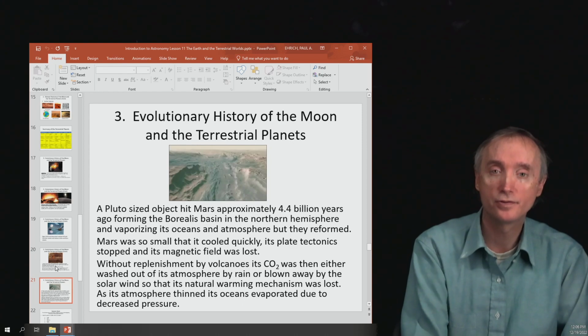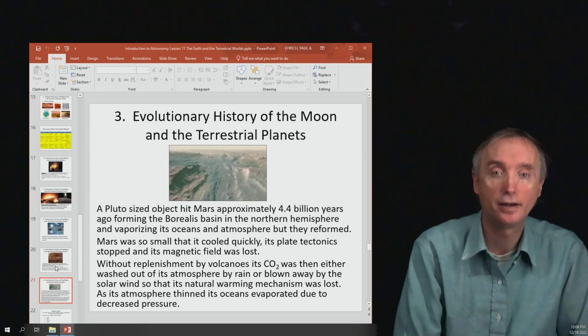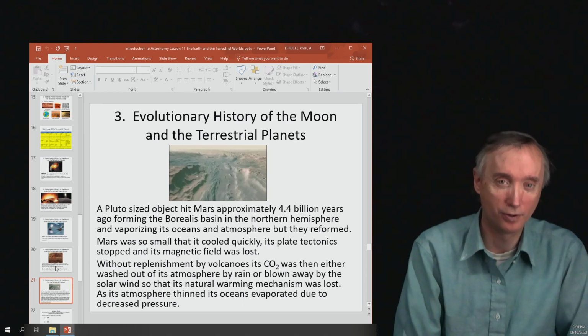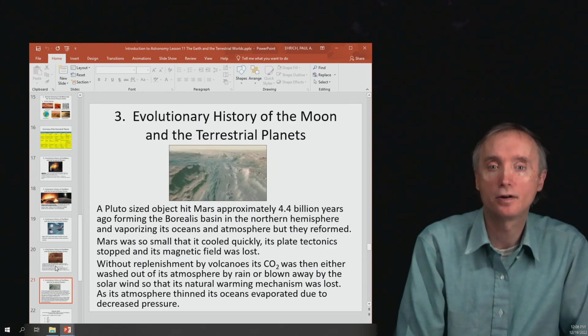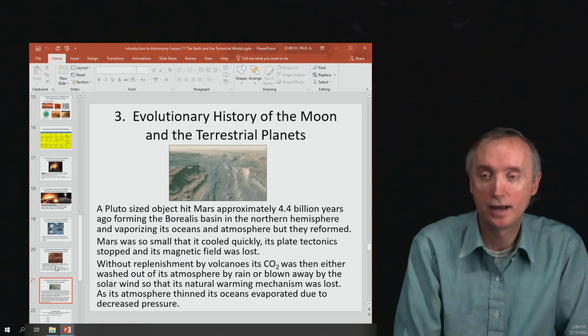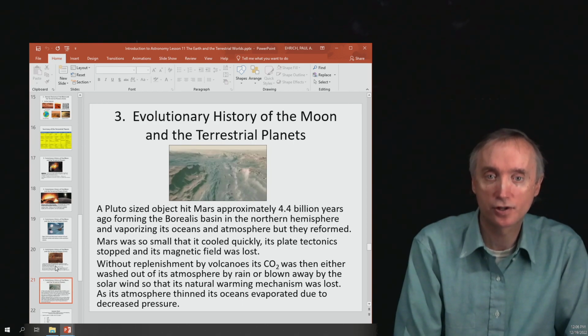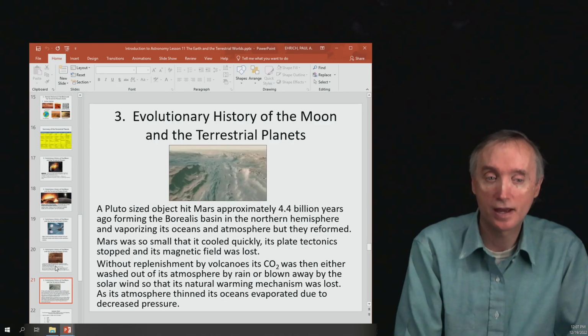On Mars, it also got hit by an object 4.4 billion years ago, but don't worry about that. The main thing I want you to see about Mars is that it was so small that it cooled off rapidly, and so its plate tectonics shut down, and the number of volcanoes erupting carbon dioxide decreased, so that its atmosphere got thinner and thinner.